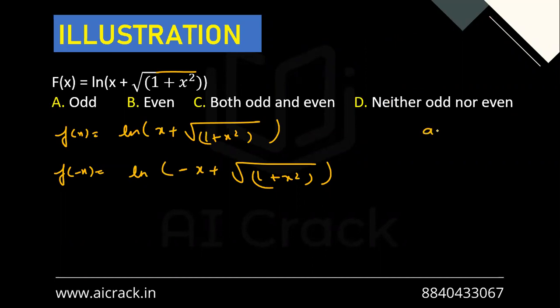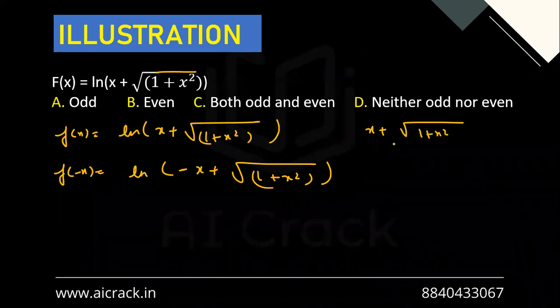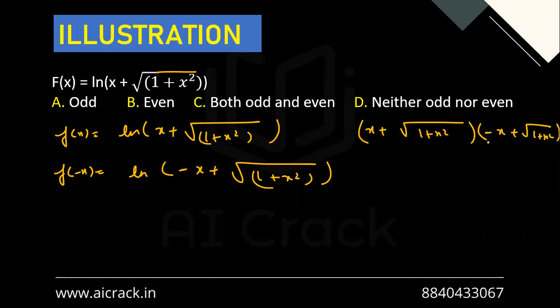So whenever I see something of this sort, a plus root b or a minus root b, then I tend to think about rationalization. So I'll do the same over here. So we have minus x plus under root 1 plus x square, and I'll try to rationalize it by multiplying by x plus under root 1 plus x square divided by x plus under root 1 plus x square.